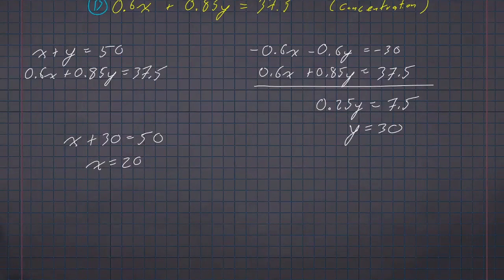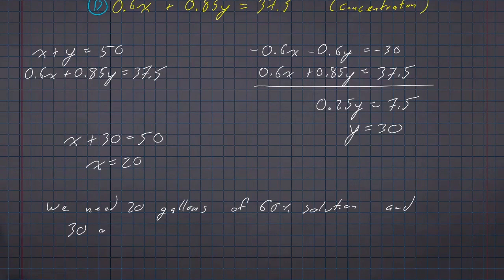We need 20 gallons of solution X, which was the 60% solution. And we need 30 gallons of Y, which was the 85% solution.